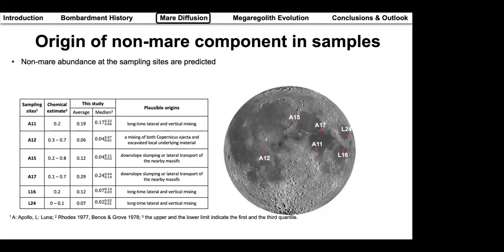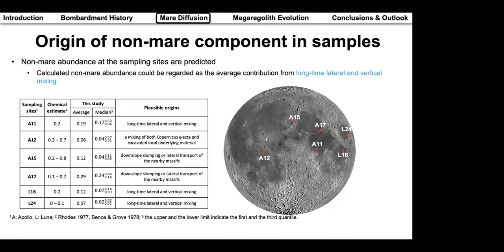Now we can compare the predicted result with the observations in the samples. In this table, you can compare that for the Apollo 11, Luna 16, and Luna 24, the predicted results are comparable with observations. So what does this mean?